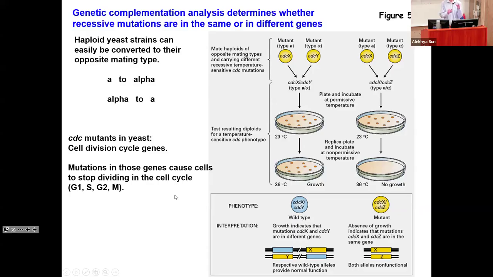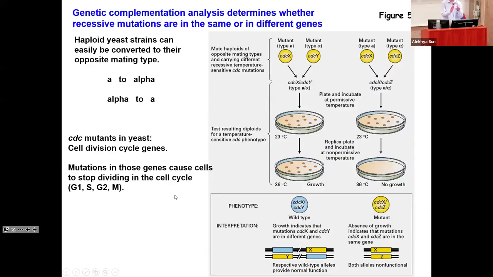In yeast it's not male and female, it would be A and alpha mating type. So they would all be A. To create the diploid strains, you need to have A and alpha. Then you can cross those and create diploid cells.